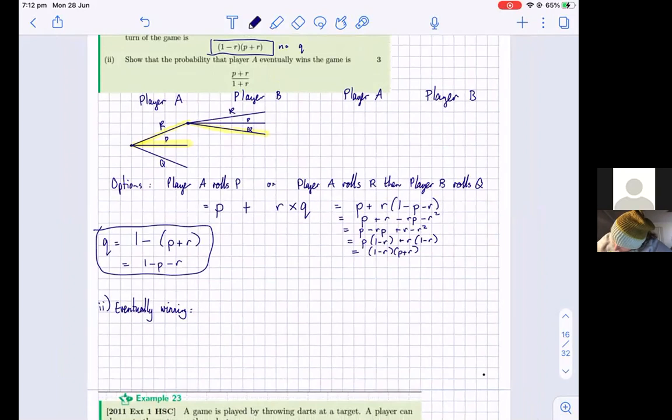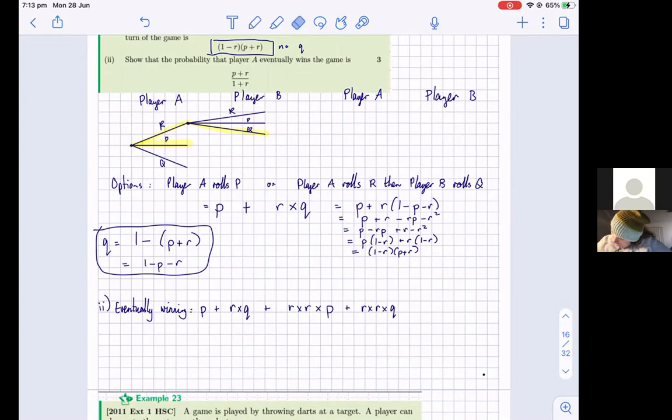We've got P first up, and we've got R times Q if they won it the second time. Or they could have had R times R times P if they won it the third time.